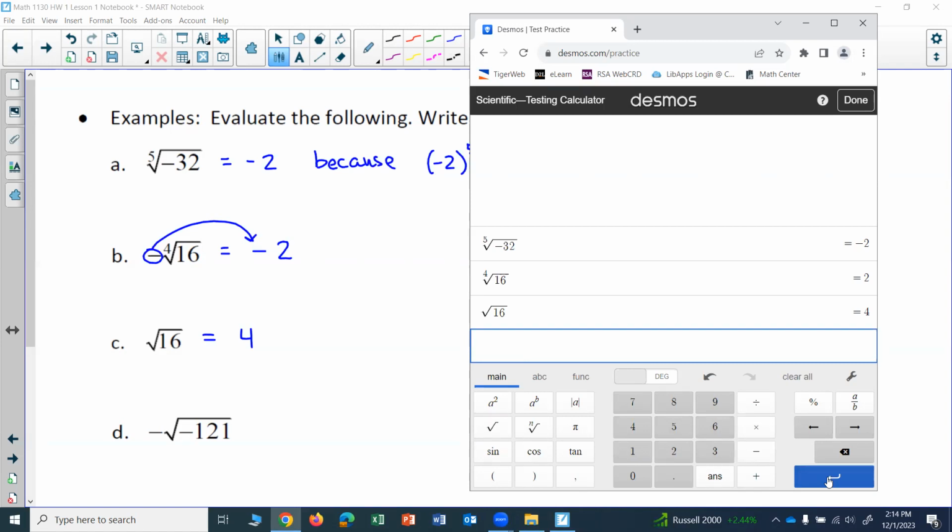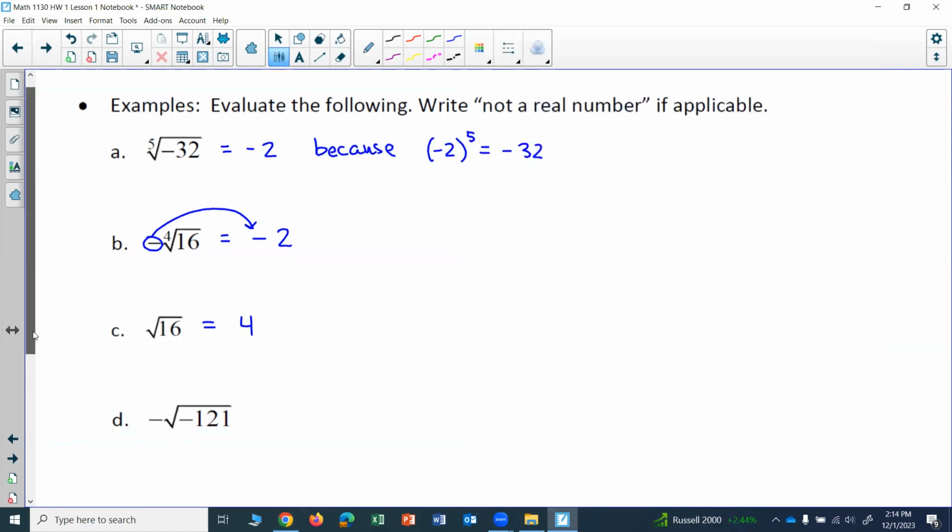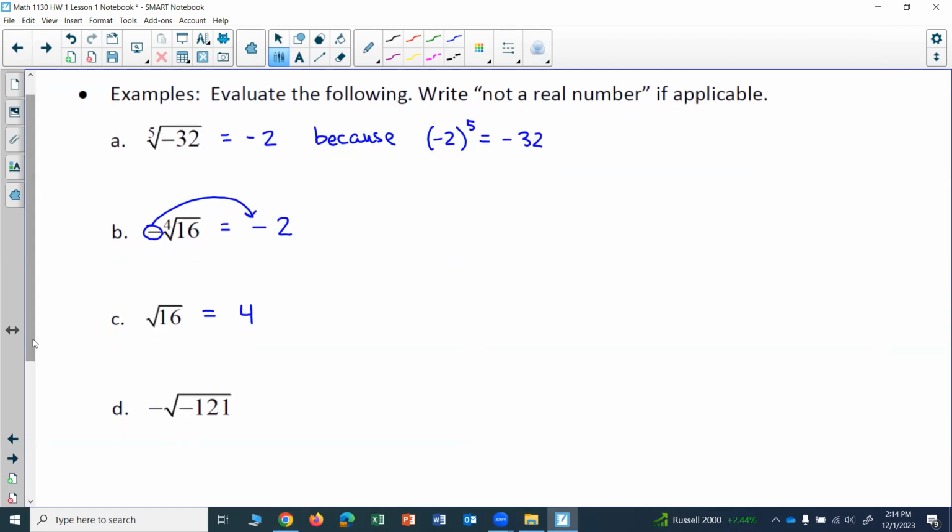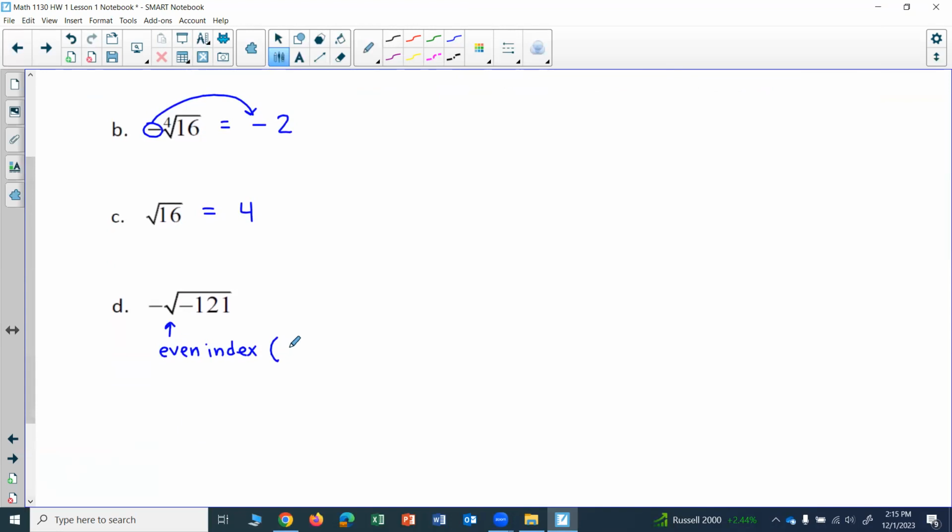All right, and this last example, negative square root of negative 121. Now, because this is an even index, remember, the square root is an index of 2. So anytime you just see the square root, that's an even index. So the square root is index 2.